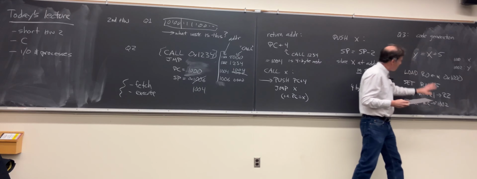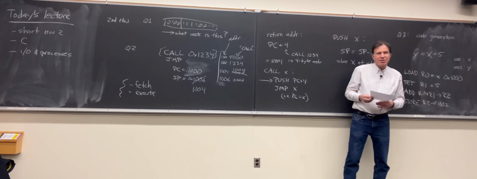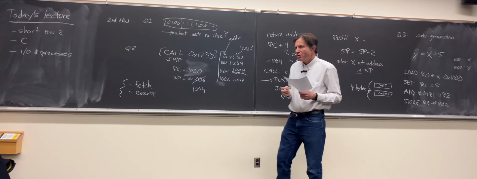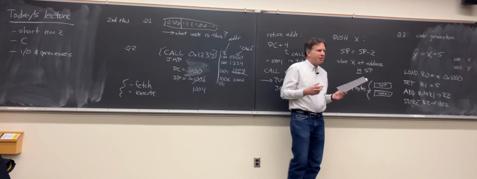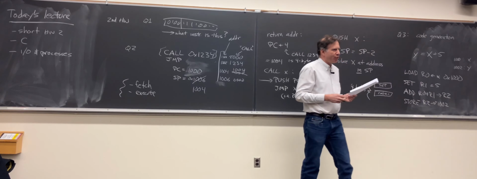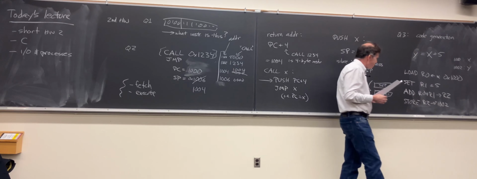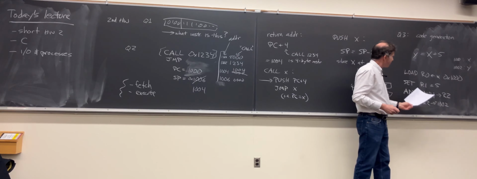So this is, in fact, what a C compiler would generate if there were a C compiler for this CPU, for this line of code, if these two were global variables. Because for global variables, we know exactly where they are in memory, and we can just read values in, do operations on them, and store them back.